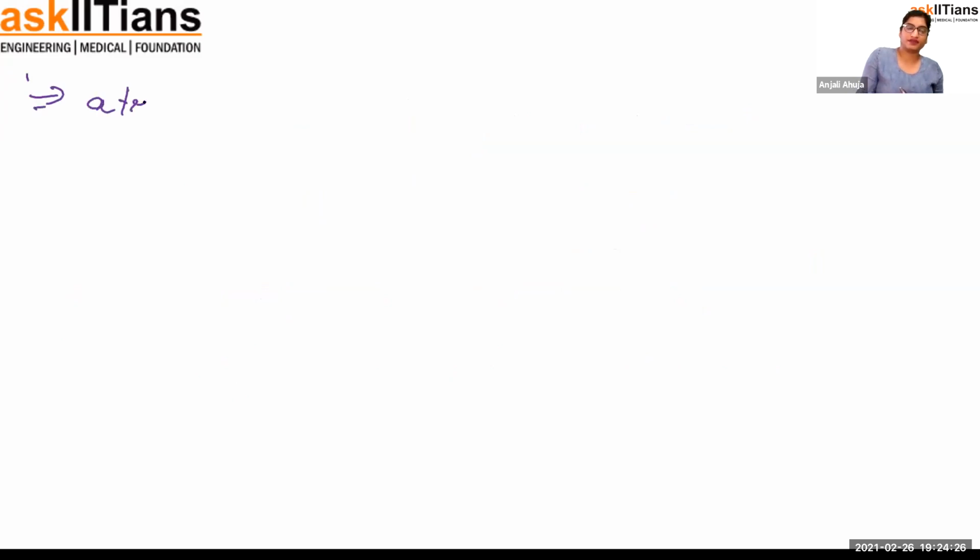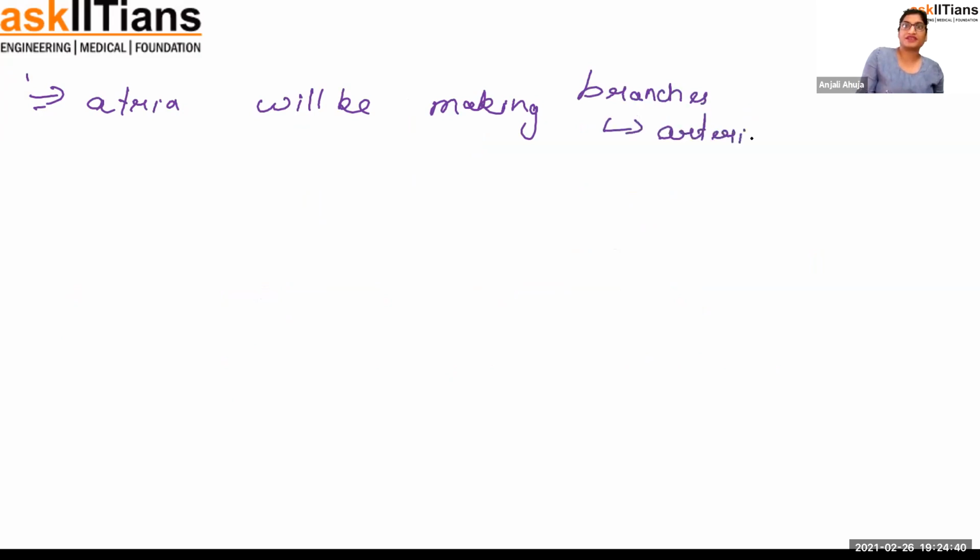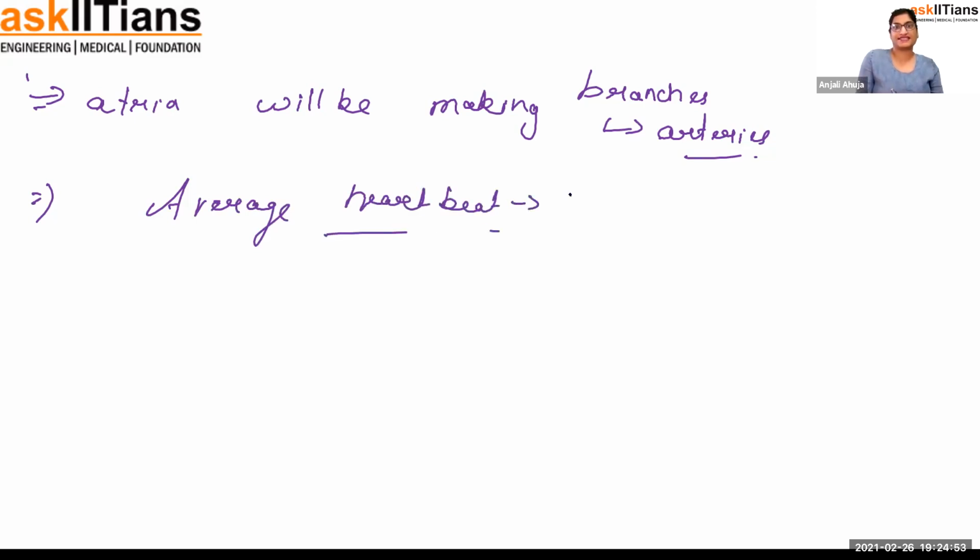The aorta will be making branches. What is the name of those branches? Arteries. Okay, so guys, now let me think, what is the average heartbeat? That is 72, of course.